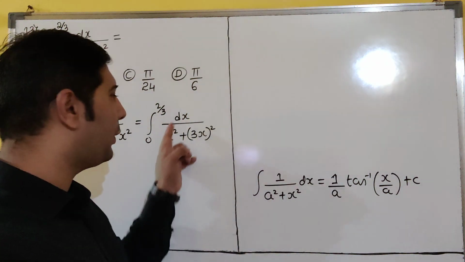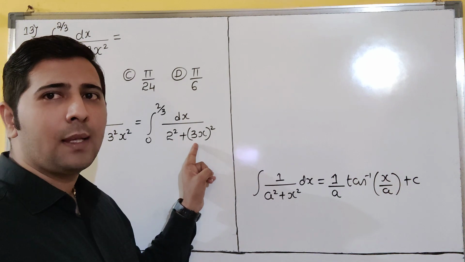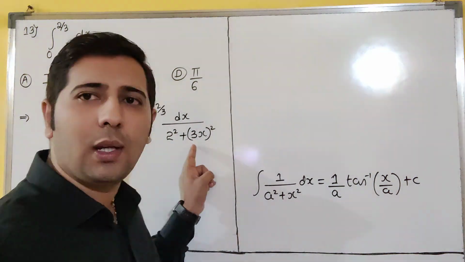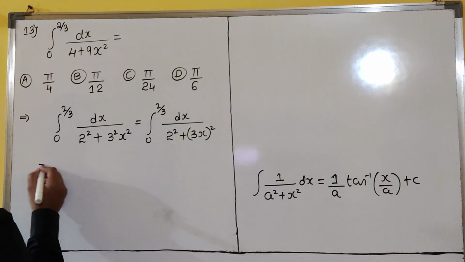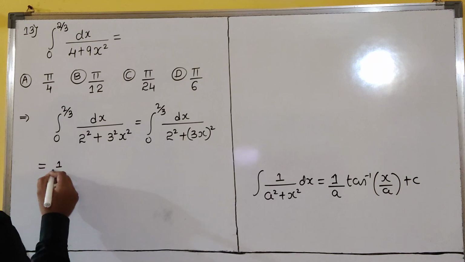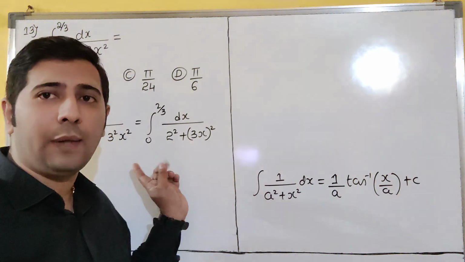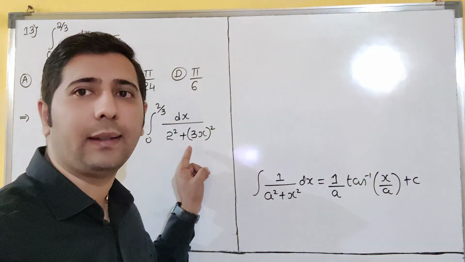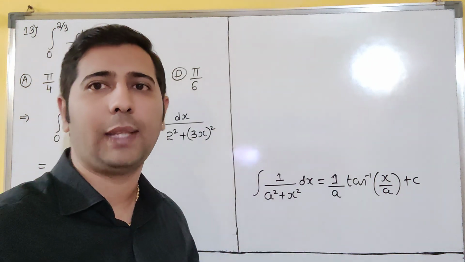It is looking the same, you are saying, but x is related with something here. Yes, can you see? X is related with 3, or not? Clear? So that's why you have to divide by 3 first only. 1 by 3 I will write first only. Otherwise, if you are not dividing 1 by 3, you have to take this 3x as t. T is equal to 3x. Then you have to take the derivative of that.